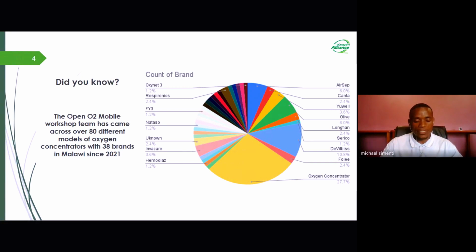This information is very important to health facilities, because they might be able to make decisions, especially the authorities, maybe if they want to procure a new device or new brands. We have managed to come up with this information because we were able to document, so we can quantify everything if we have documented everything that we are going through. All right. So looking at this, we can go through the types of documentation.